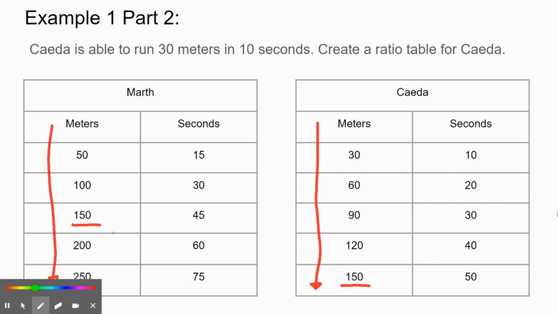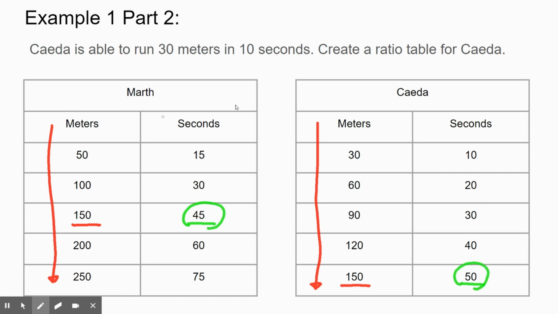So we're going to look at the other number in that pair and compare those 2 numbers. If we do so, we know that 45 is less than 50.